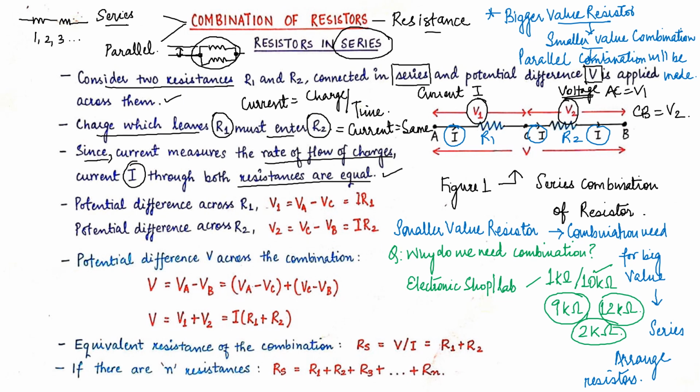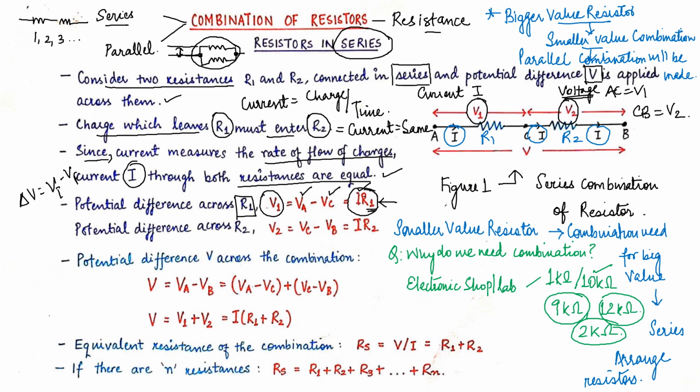Now potential difference across R1 is V1, that is potential at A minus potential at C. That's how change in potential is given: potential at initial end minus potential at final end. That is equal to current into the resistance R1. From where is this formula coming?